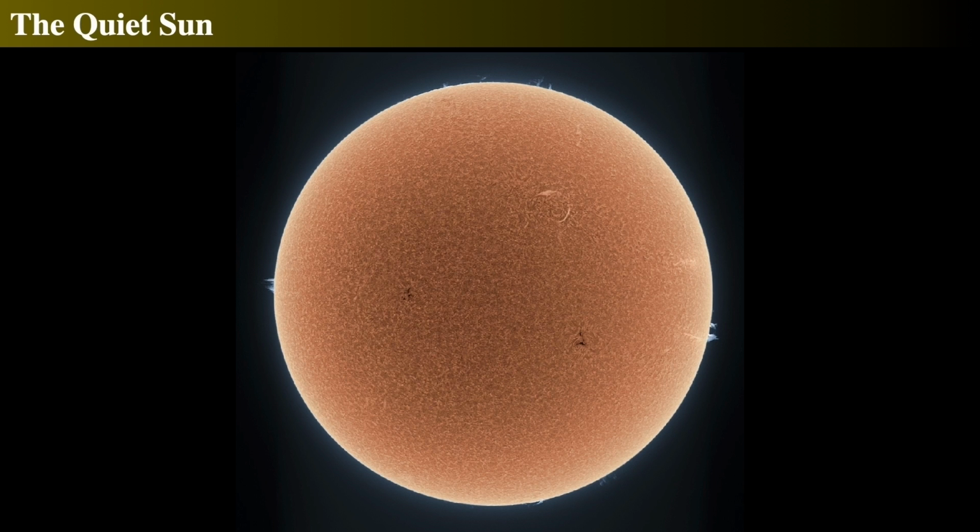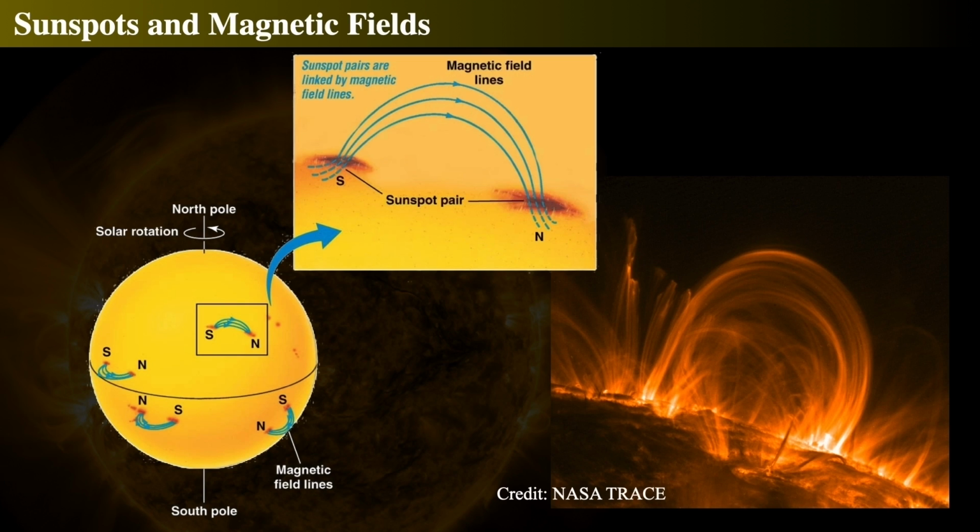We see that the sun has that mottled appearance of the granulation, and we see a couple of tiny sunspots and very few spicules and very modest prominences. But this is what we would call a sun that has a very quiet appearance to it. And sometimes we have magnetic fields and sunspots. So let's look at that in more detail.